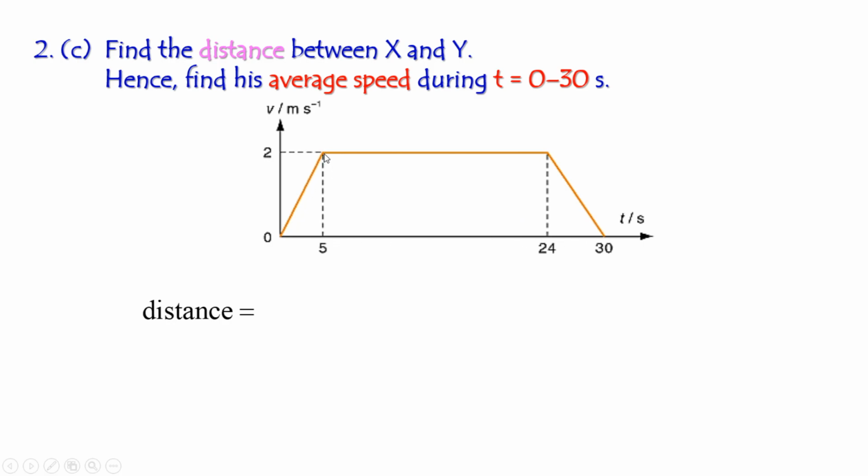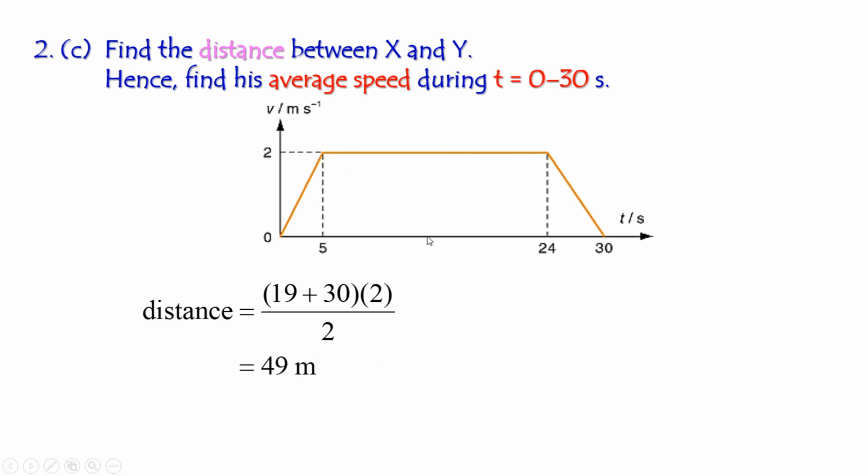You can use the upper length, 24 minus 5, which is equal to 19, plus the lower length, the base, which is equal to 30, and then times the height. The height should be equal to 2, and then divided by 2. For this value, you can use a calculator. You can get the answer, which is equal to 49, right?